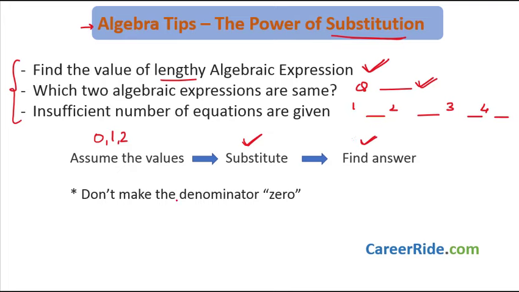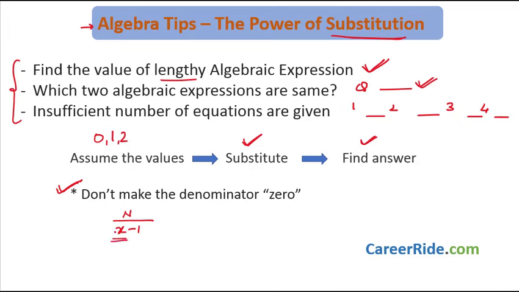The method, as I said, works wonders, is very time efficient and very effective. The only thing that you have to take care of is that when you assume the values, assume such values that don't make the denominator 0. For example, you have an algebraic expression where the numerator is anything, say n, and the denominator is x minus 1. So I'll try to avoid using x is equal to 1.